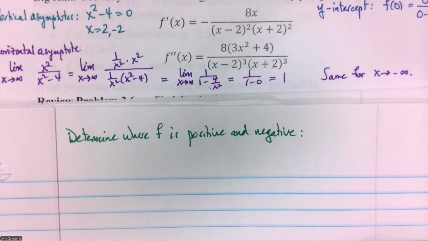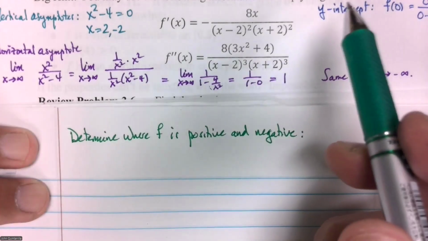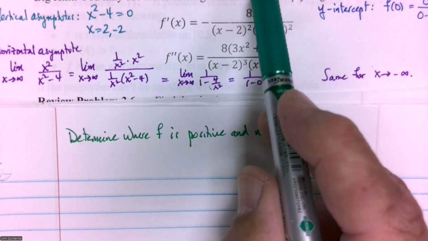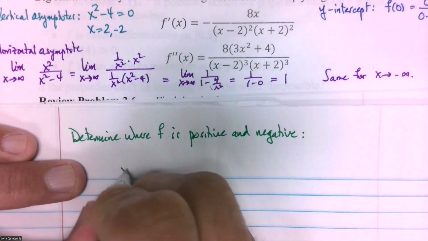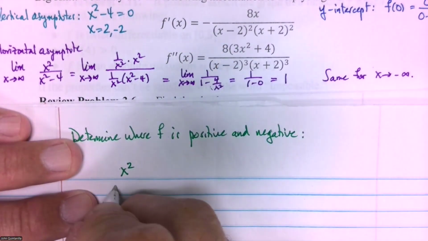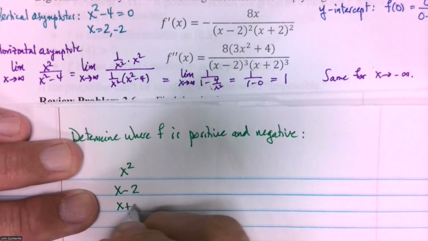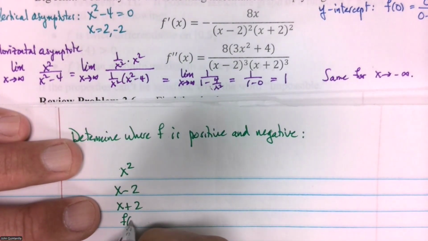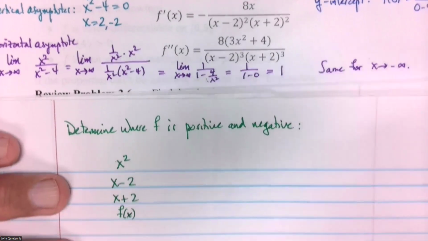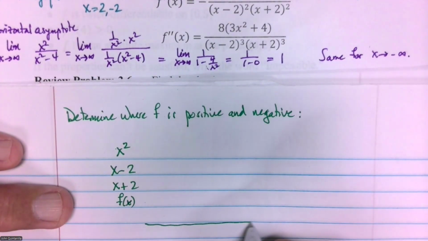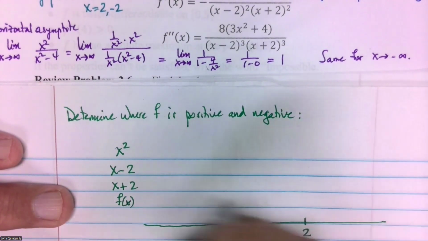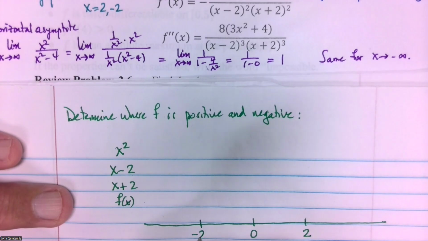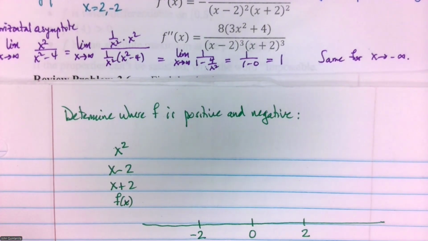My personal preferred approach is to look at the factorization of the function. So I have x squared, and x squared minus 4 factors as x minus 2 and x plus 2, and these all combine to give me f of x. The points of interest are going to be 0 for x squared, 2 for x minus 2, and negative 2 for x plus 2.